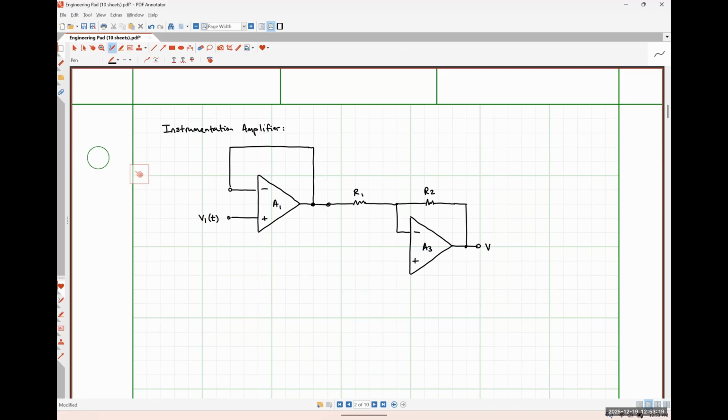This terminal over here is going to be our output terminal. Now I'm going to start working my way from the non-inverting terminal of A3 back towards the left with more things. So this will be resistance R4. This will be resistance R3.